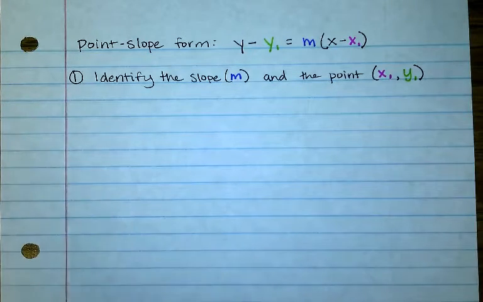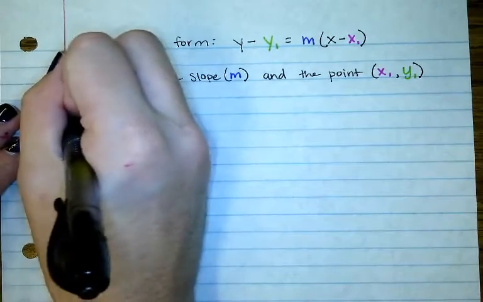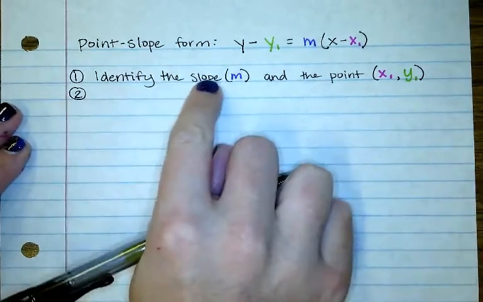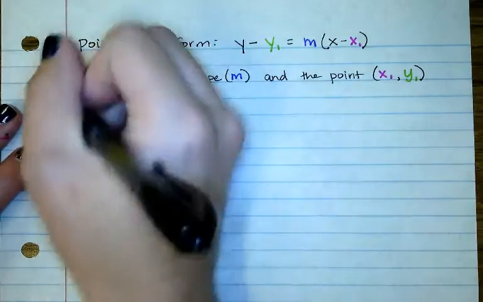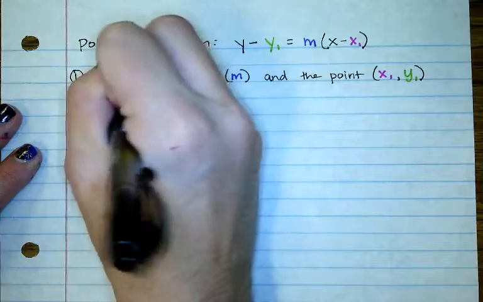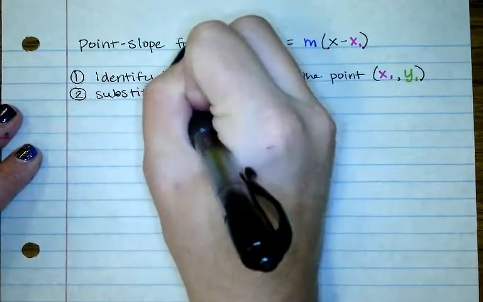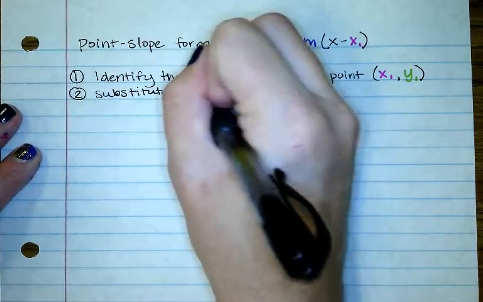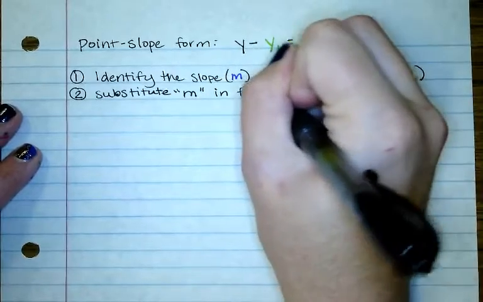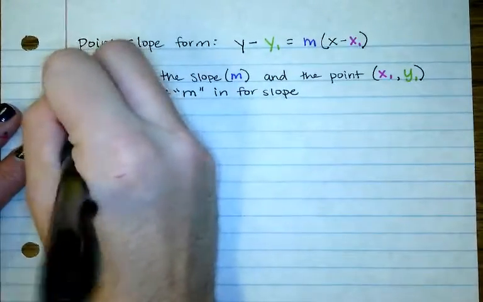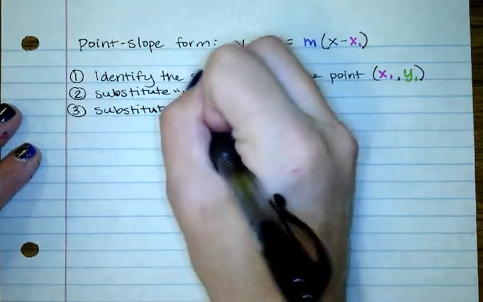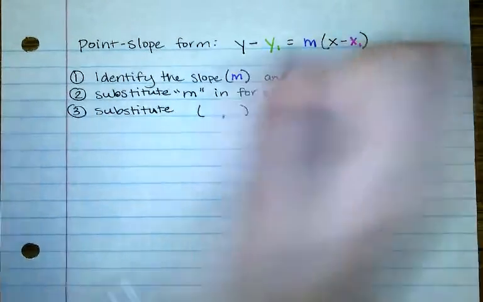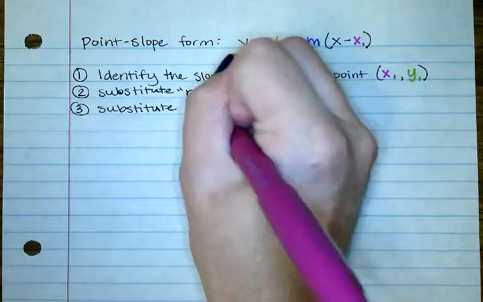So the second step is, once you identify what the slope is and what the point is, you will need to substitute m in for the slope, and substitute your point, that x1, y1, into the equation.